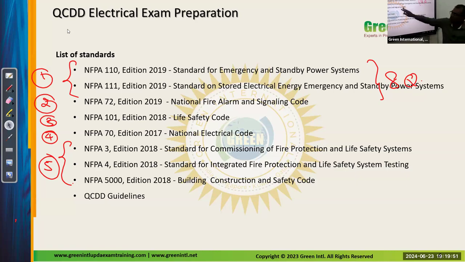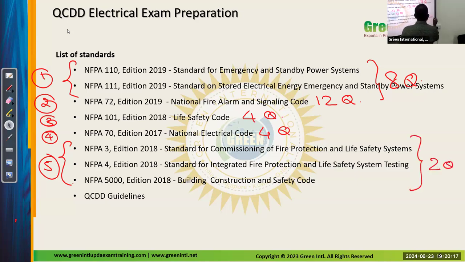I had 8 questions from these 2 standards. So 20, 30, 32 questions are there.